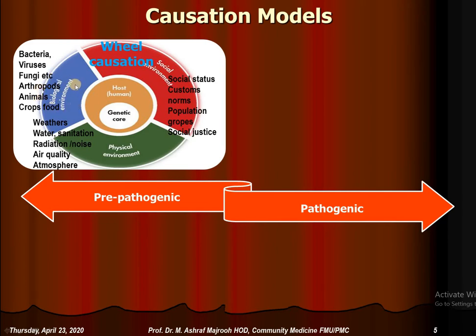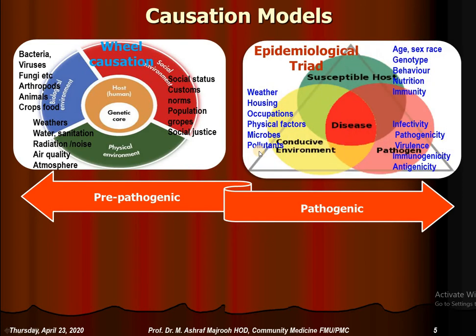Similarly, in the biological environment, the bacteria, viruses, fungi, arthropods, animals, and foods and agricultural crops. The plant kingdom is also related to the ecosystem for the health of human beings. There should be harmony between these factors, and they will determine the healthy phenomena.